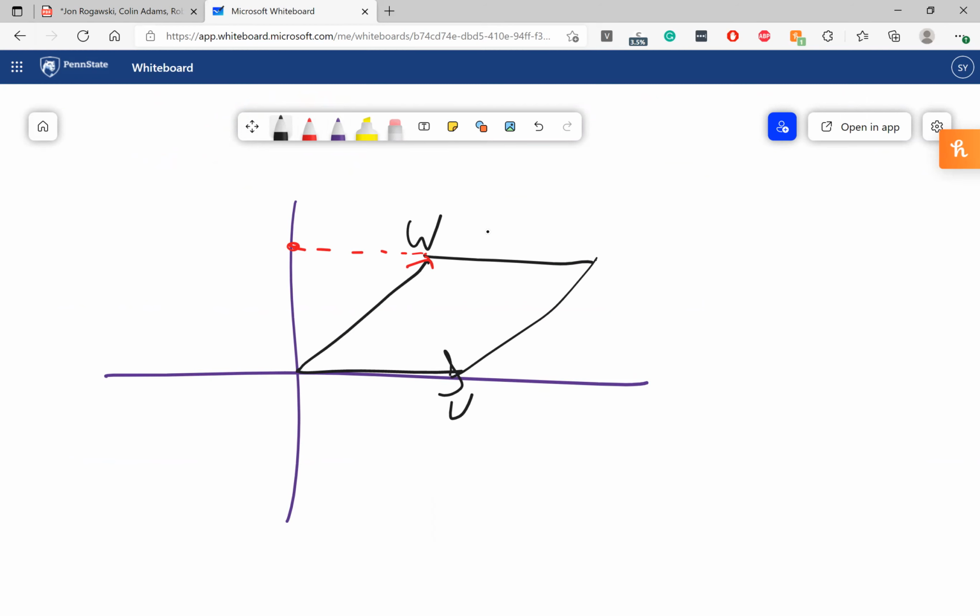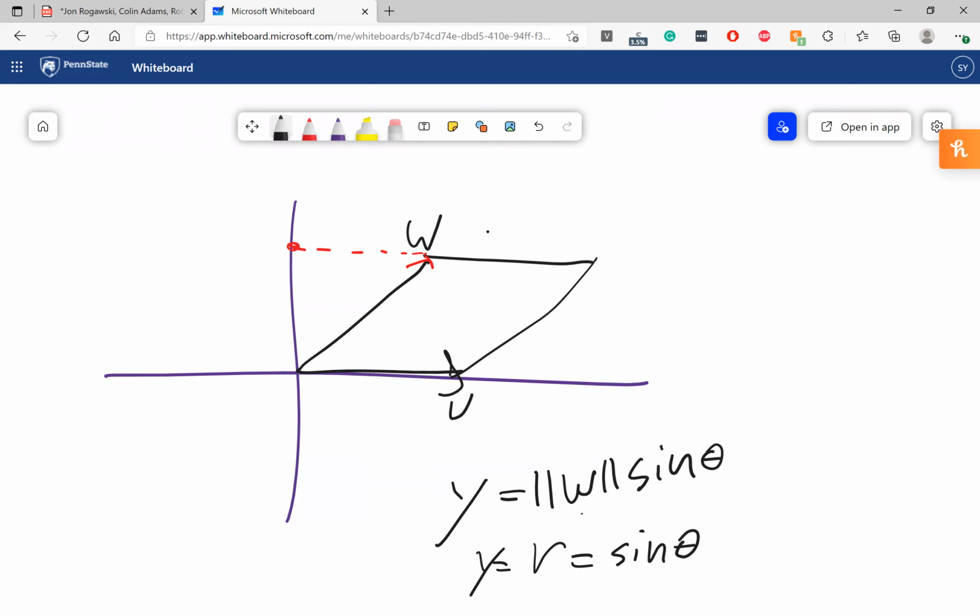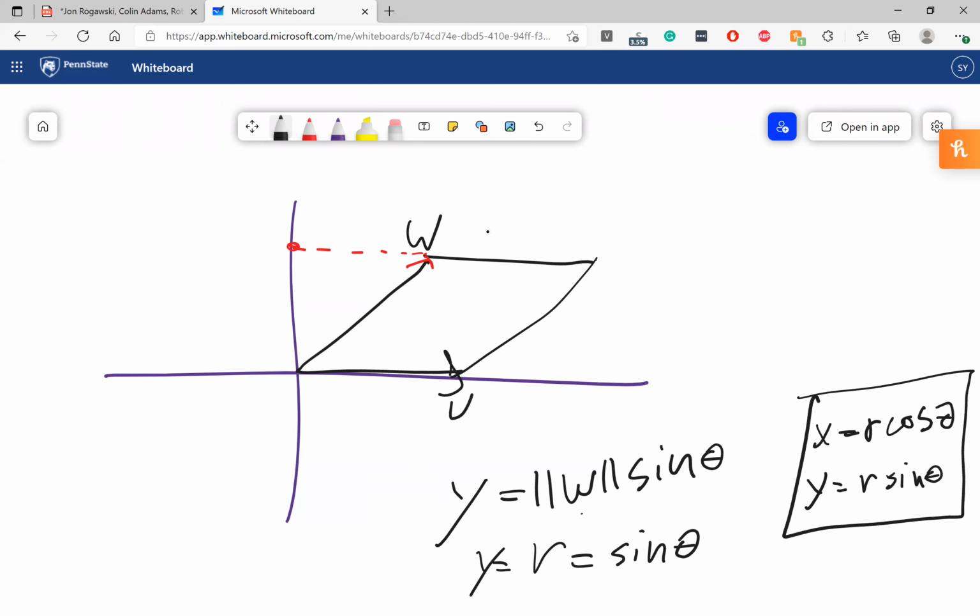So what is that? If I take the magnitude of w times sine of theta, I get my y, right? That's what sine does. It projects w into the y direction because y is equal to the magnitude of the vector w, r sine theta. That's what y is. Again, I would recommend memorizing the formulas. x is equal to r cosine of theta. y is equal to r sine of theta. Very important formulas in this class that will appear multiple times.